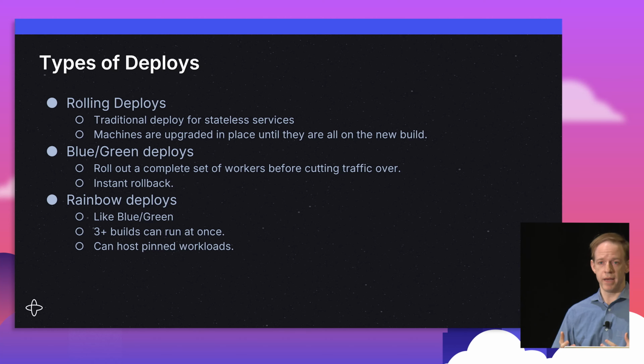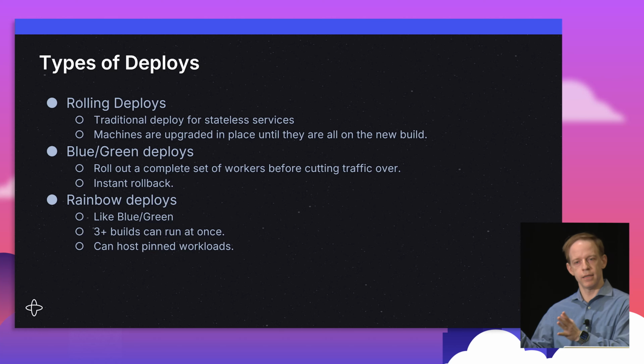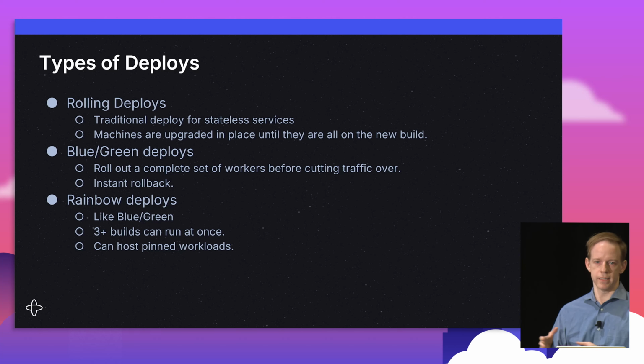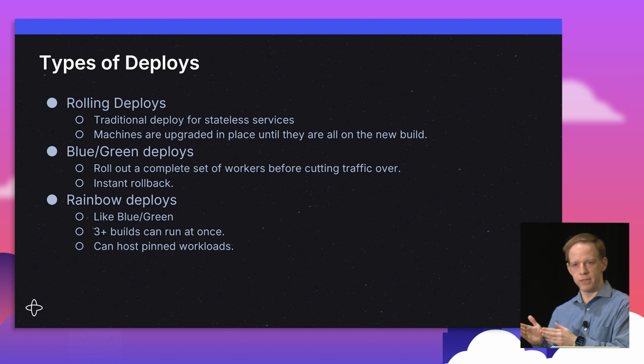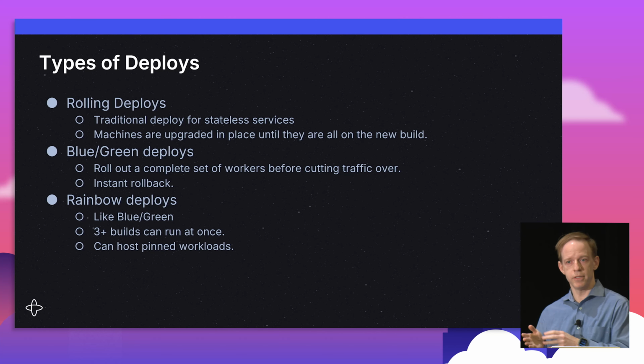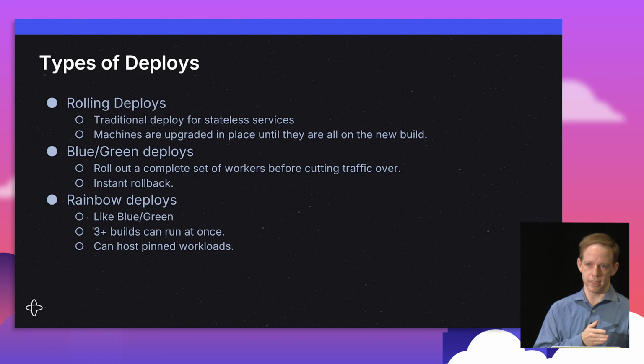But if you want to roll back, then you have to do that process in reverse, which is time consuming. A blue-green deploy makes a full replica set next to your existing deploy. And now you can dynamically route traffic between those two builds. So if you do need to roll back, you can do so instantaneously just by doing a dynamic configuration.